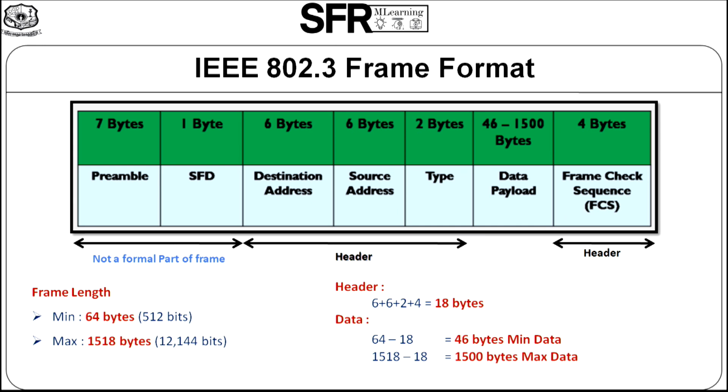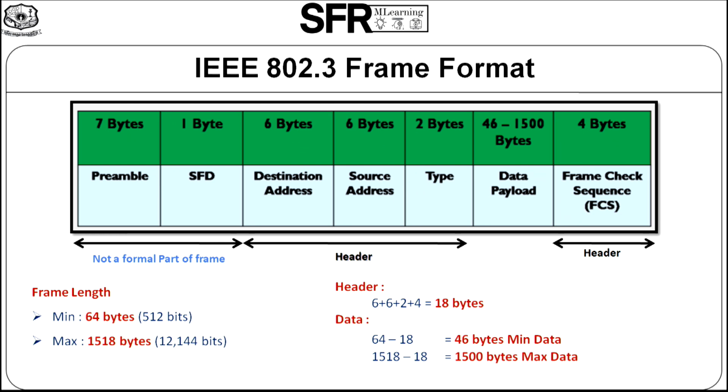Regarding the frame length, the total number of header bytes is 6 plus 6 plus 2 plus 4, equal to 18 bytes. That is destination address 6 bytes, source address 6 bytes, type 2 bytes, and FCS, the error detection field, 4 bytes. So, totally 18 bytes. By subtracting these 18 bytes, we get the bytes allocated for data.